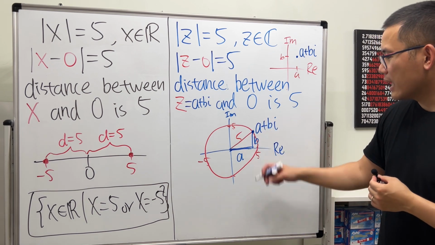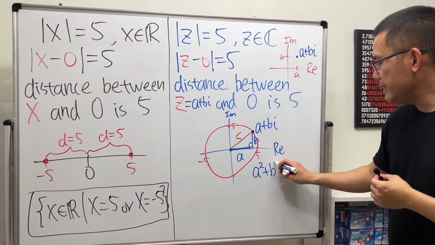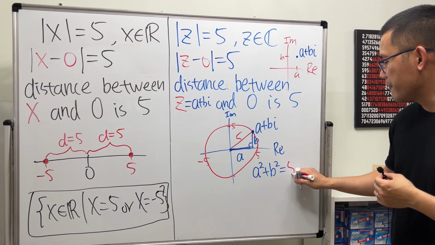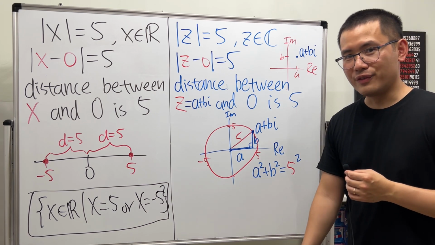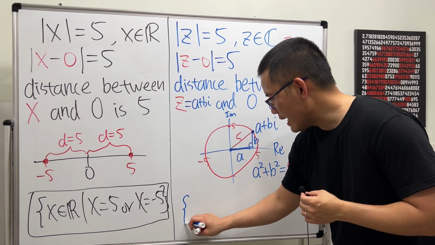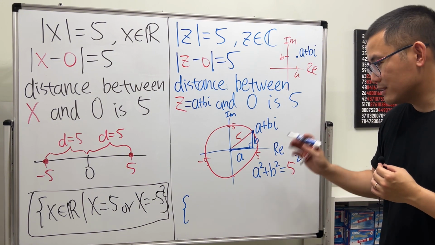By the Pythagorean theorem, because this is a right triangle, we know a squared plus b squared has to be equal to 5 squared. So now, we are going to write a solution for this in set builder notation. Here we have infinitely many solutions.